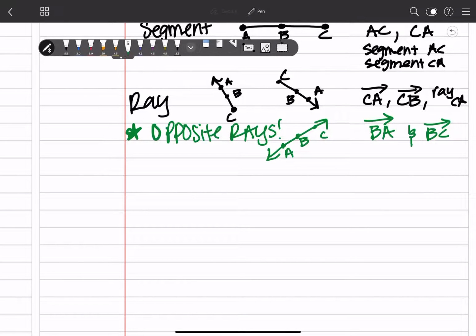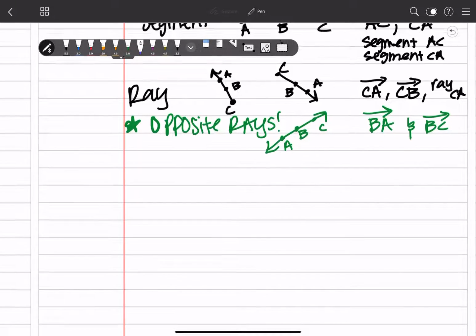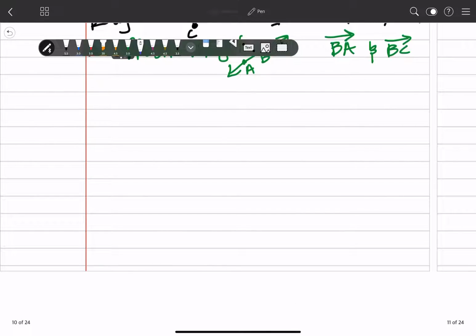A couple more things that we need to add in here are collinear points. Okay, and that's going to mean that they're on the same line. So if you've got a highlighter, go ahead and highlight that part in.